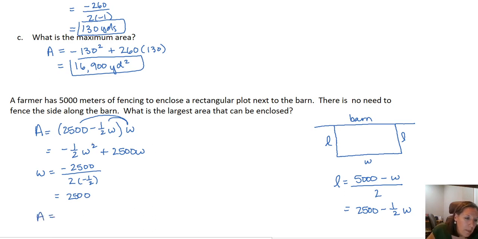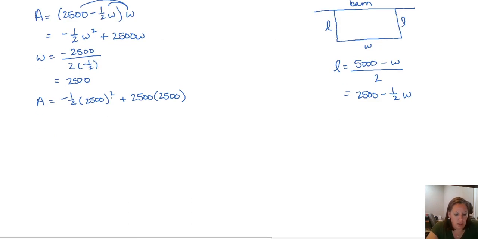And then if we plug that back in, negative 1/2 times 2,500 squared plus 2,500 times 2,500 is going to be, let's see, that's going to be a 3,125,000 square meters is going to be the area of our pen in this scenario.